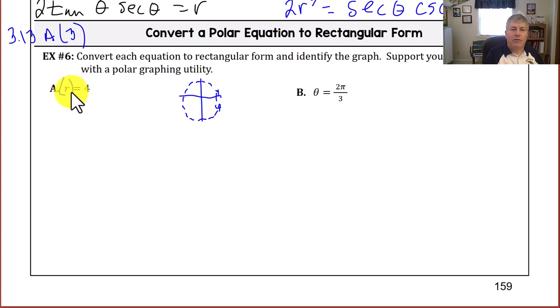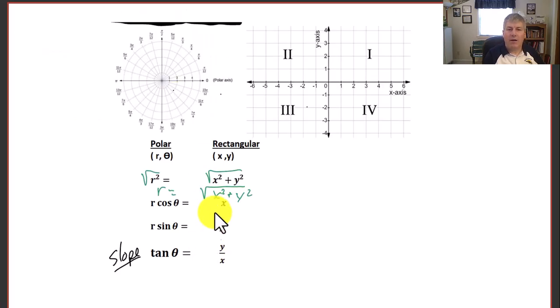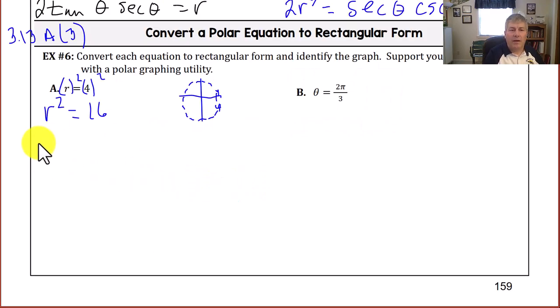If we square both sides, we get r squared equals 16. And we know from our conversions that r squared is equal to x squared plus y squared. So we can say x squared plus y squared, here's our rectangular form, equals 16.